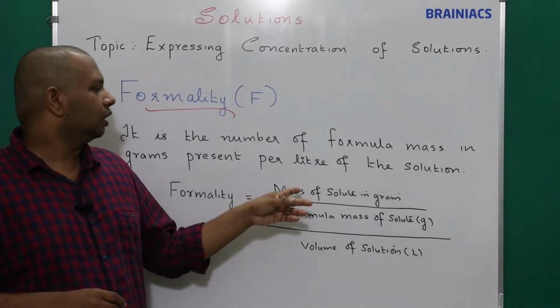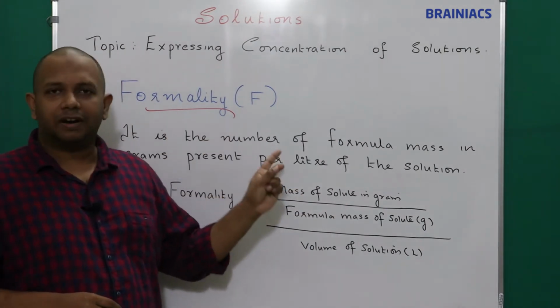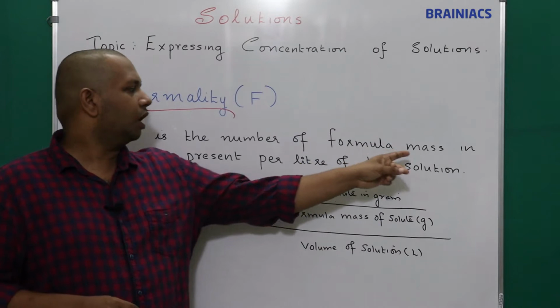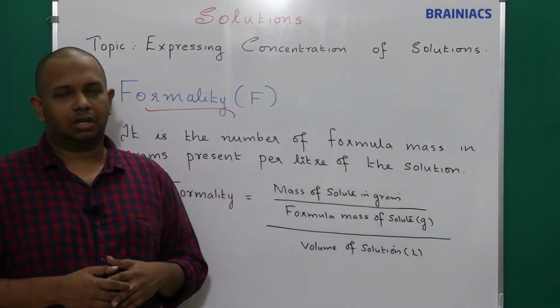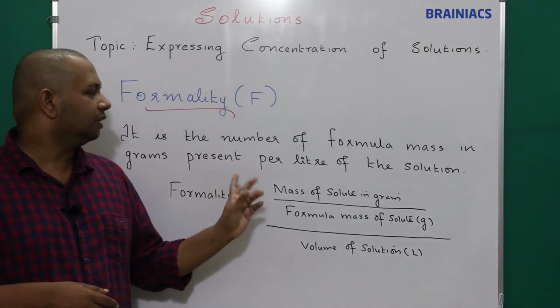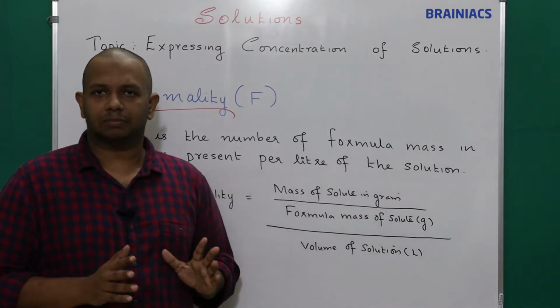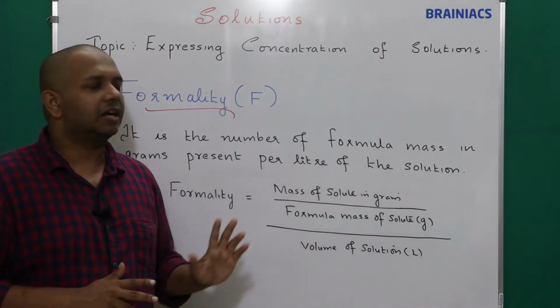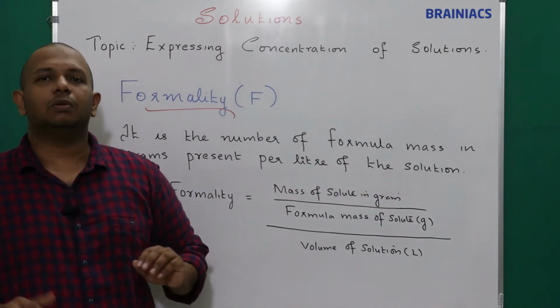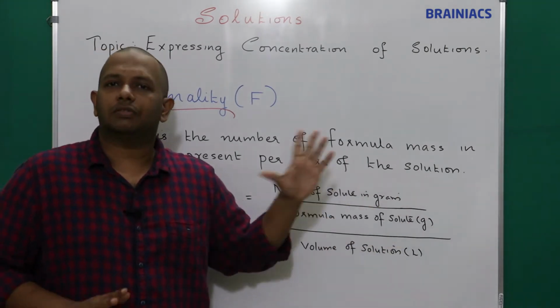Okay, so formality is defined as the number of formula mass in grams present per liter of the solution. That means formality is equal to mass of the solute in gram, same as number of moles, weight in gram of the solute, divided by, instead of molecular mass of the solute, formula mass of the solute.